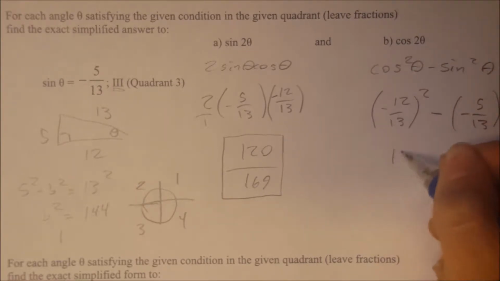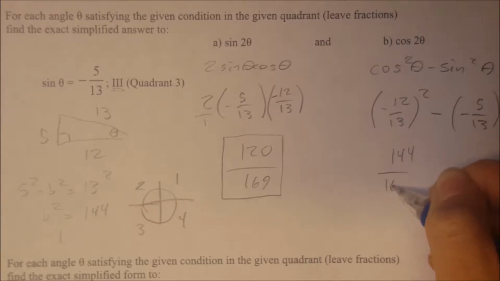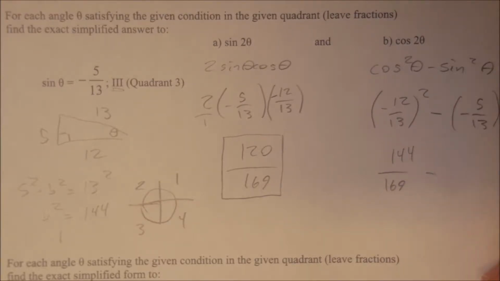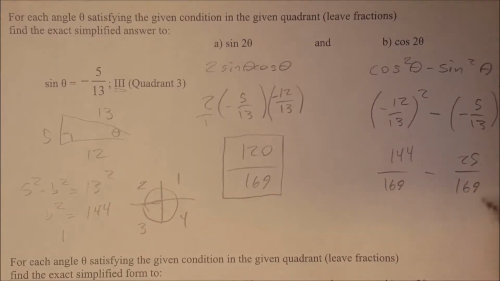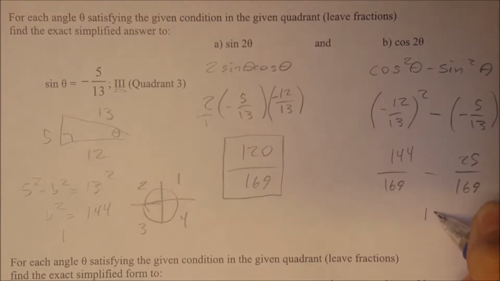That's 144/169 minus, and negative squared is positive, 25/169, which gives you 119 over 169. And again, simplify if you can, which this can't, so that's the final answer.